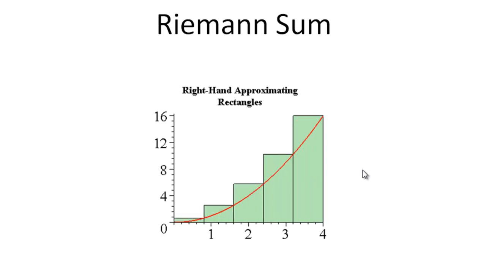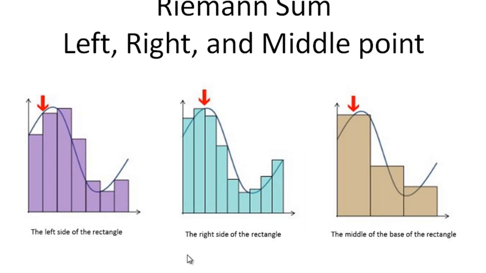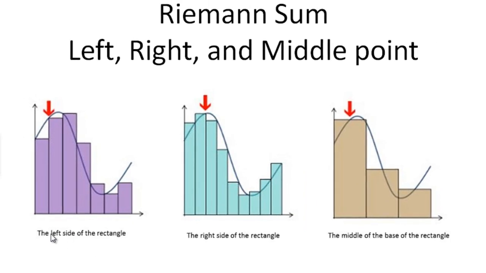Okay, let's see. In this case, we're using the left endpoint to evaluate the function. In this case, we're using the right endpoint to evaluate the function. In this case, you use the midpoint to evaluate the function.